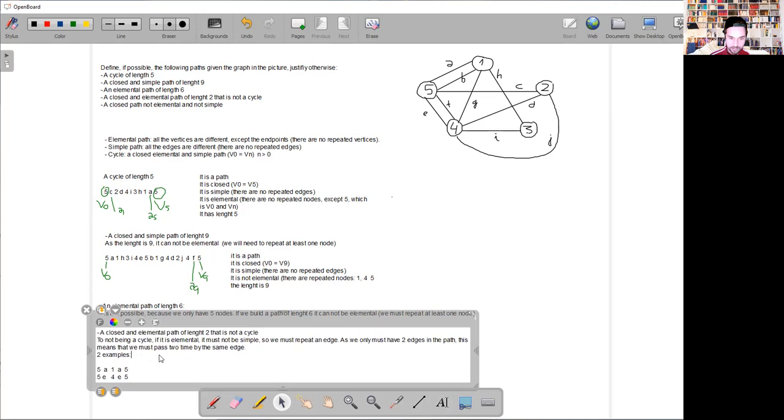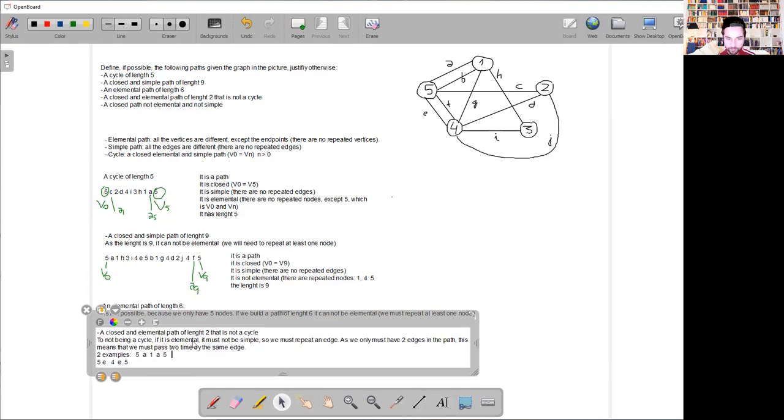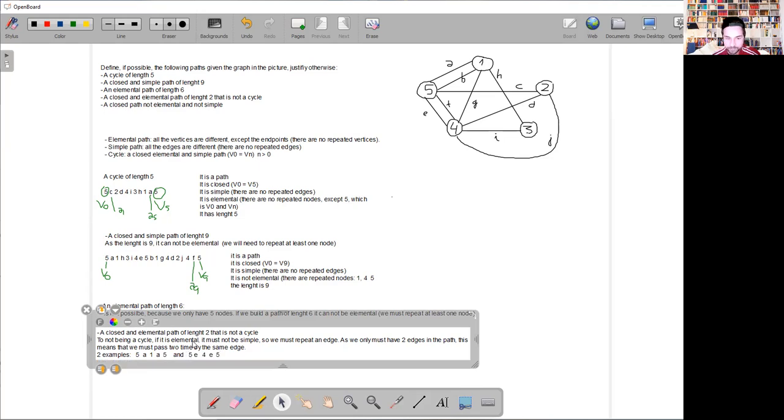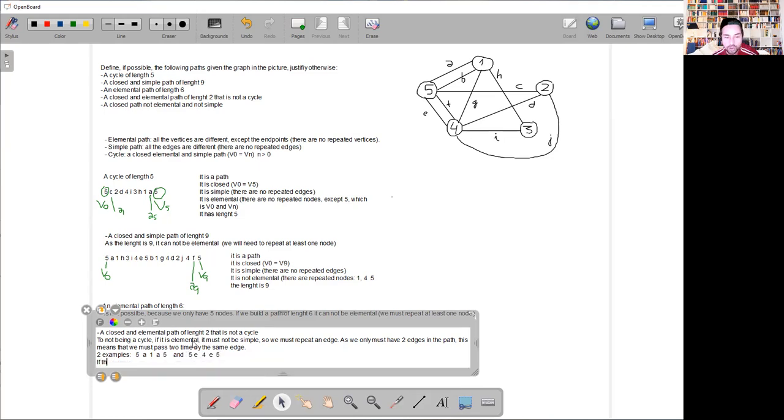Okay, let's write them here. So if the path was, for instance, we are starting in 5, we go to 1, and we come back to 5 by B, right? In this case, it would be a cycle, right? I will let you do it on your own, to prove that this is a cycle.